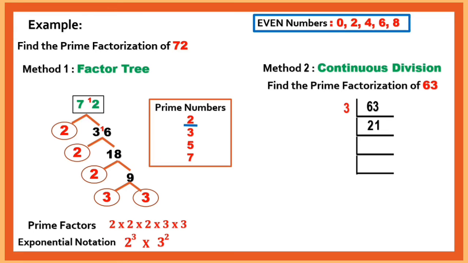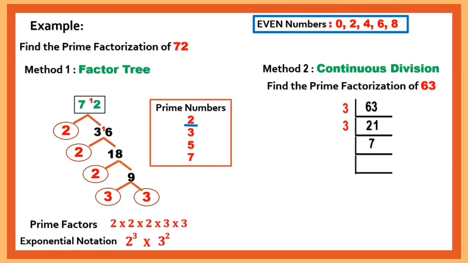So ano kaya ang prime number na pwede nating i-divide kay 21? Of course, 3. So 21 divided by 3 is, correct, 7. Now, dahil 7 ang sagot, ibig sabihin ay hindi pa tayo titigil sa pag-divide.